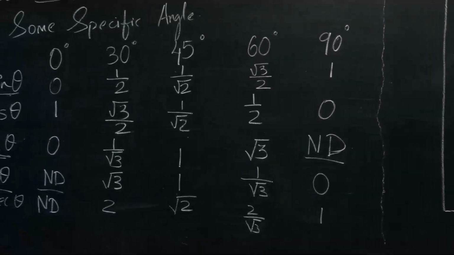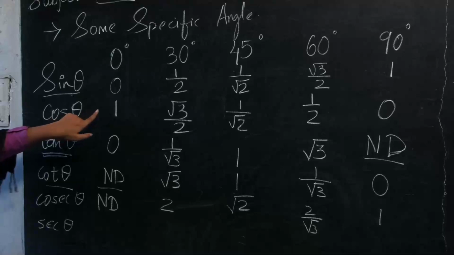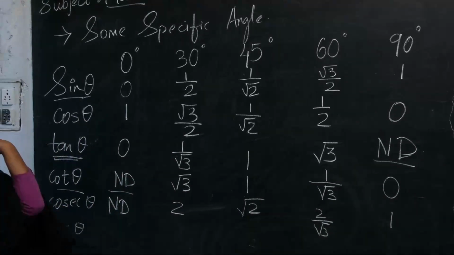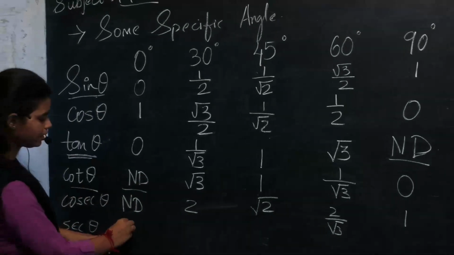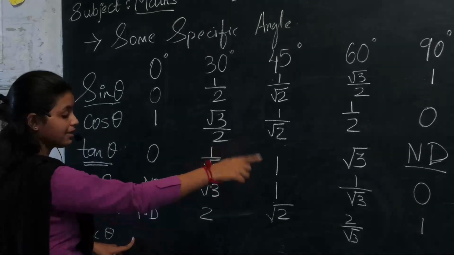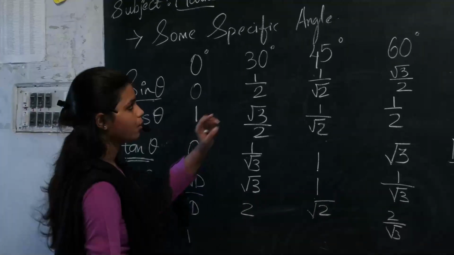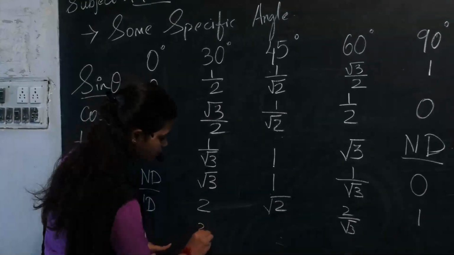Clear? Same way sec. See, in sec, two methods are there. You can either take the reciprocal of cos theta or you can write from the back side. We'll write from the back side. The answer will be the same. Sec 0 degree is equal to cosec 90 degree, which will be 1. Cosec 60 degree is equal to sec 30 degree, which will be 2 upon root 3.